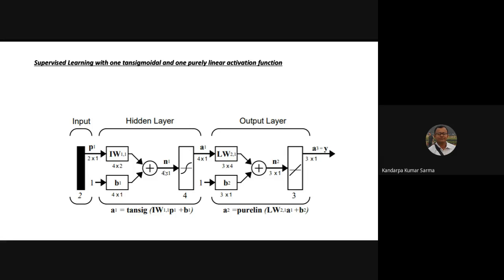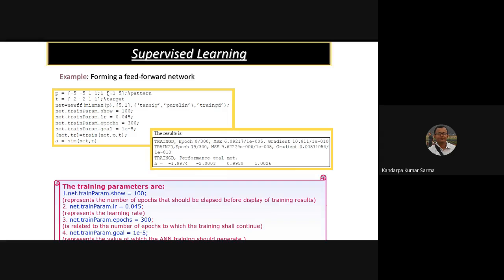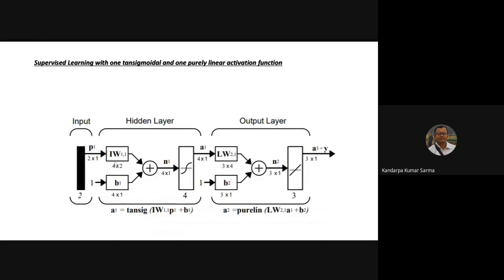Here there was a tan sigmoidal transfer function in the middle layer, and in the last layer you have a purely linear function. So while you design this particular network, this sort of a vision must come to you. How the Matlab working logic is translated to the code, this particular diagram summarizes it.